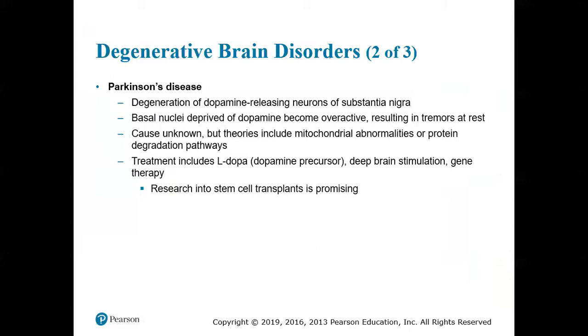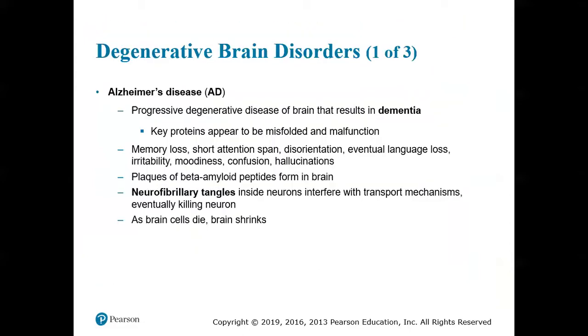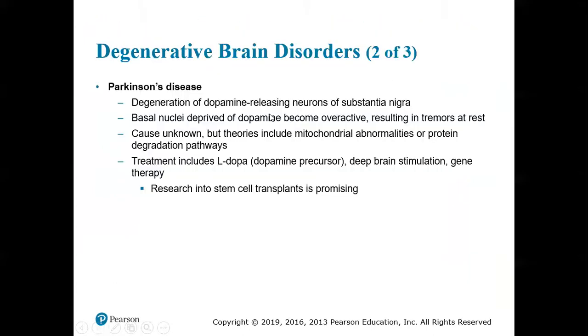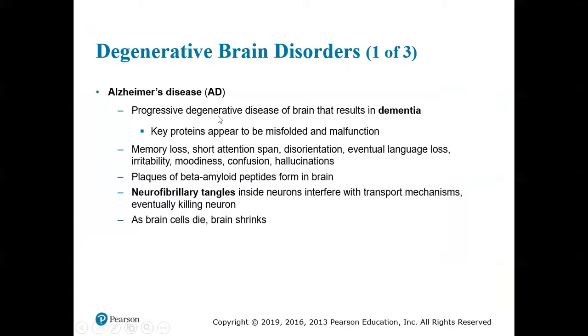Parkinson's disease, again, this is another neurodegenerative disease. So let's go back. Alzheimer's, degenerative disease. Parkinson's, degenerative disease. Misfolding of proteins, usually resulting in some form of dementia.